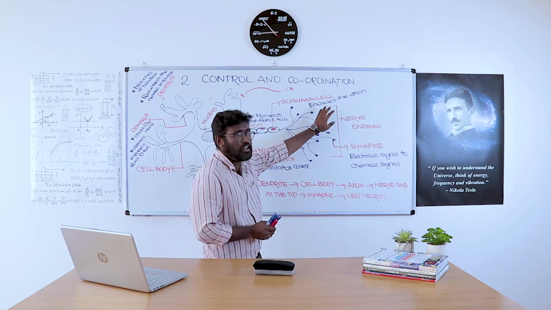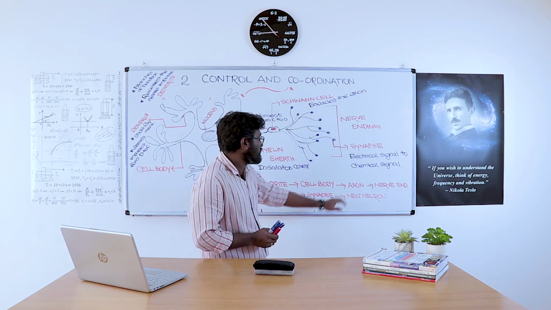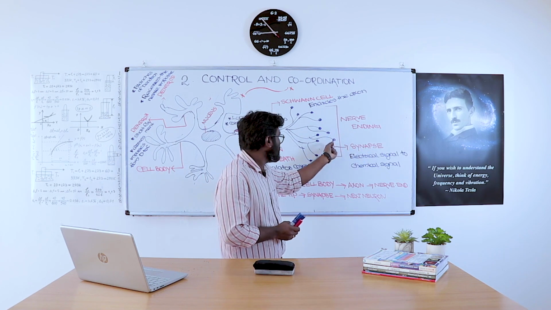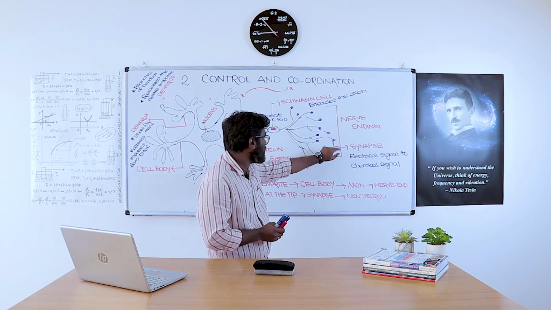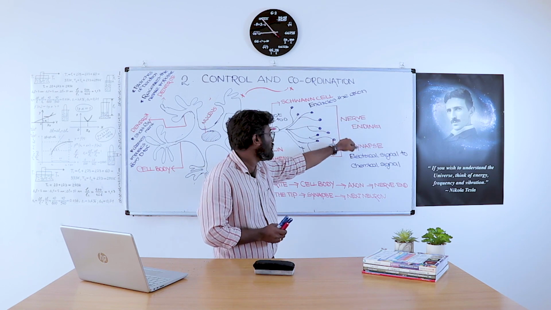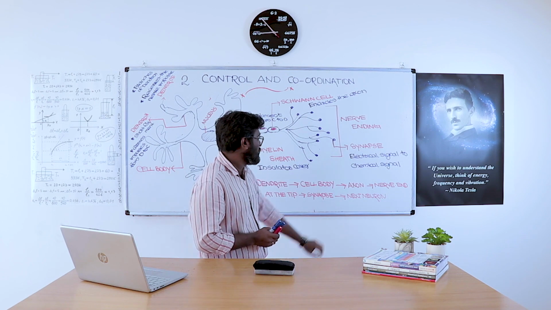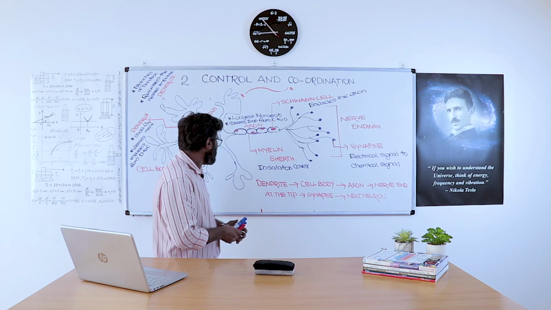The Schwann cell encircles the axon. The synapse, the end point, interconnects the end point of one neuron to the starting point of another neuron. So this is a bridge. Which one? Synapse.